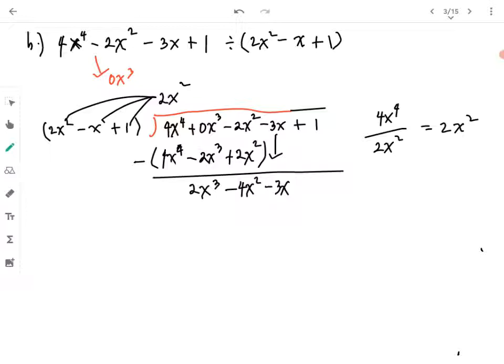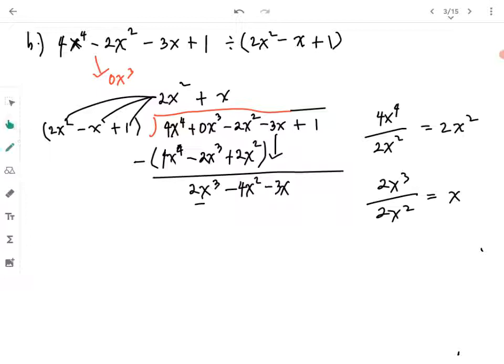After we bring down, we will divide again, first term of this entire expression divided by the first term of the divisor. So 2x cubed divided by 2x squared gives us x. Meaning we'll write simply x.